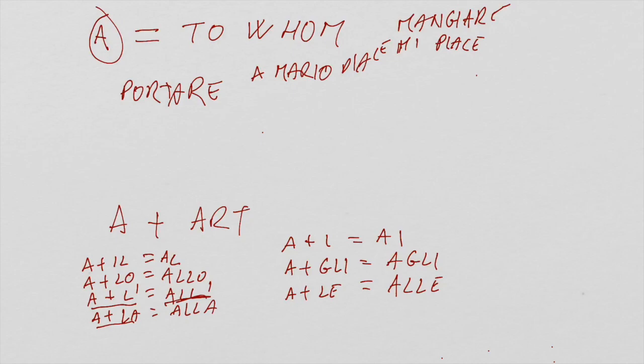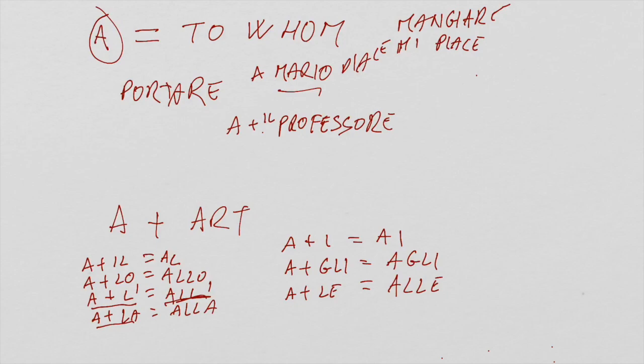Now, same thing. If instead of Mario, that is a proper noun, you have a regular noun, like again, professore, and you want to say the professor likes eating, it's not simply a professore, because professore requires an article in front of it, so it will be a plus il.